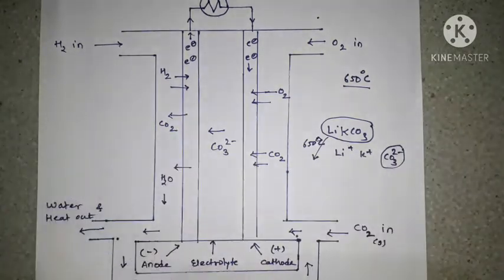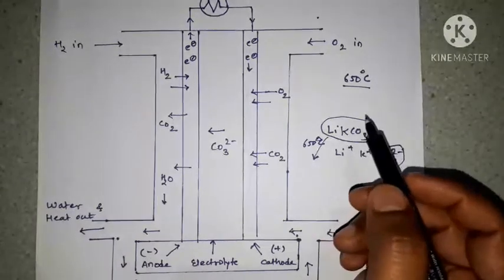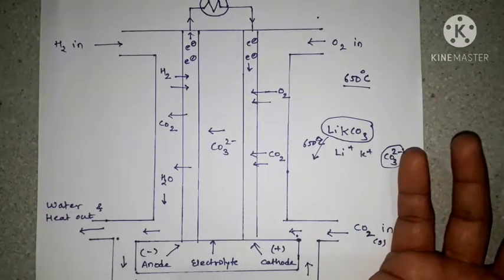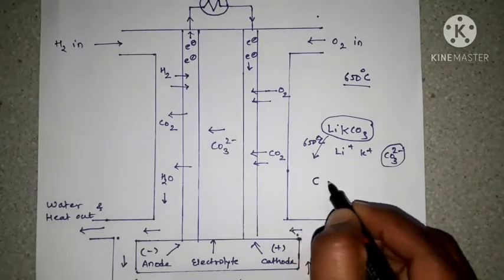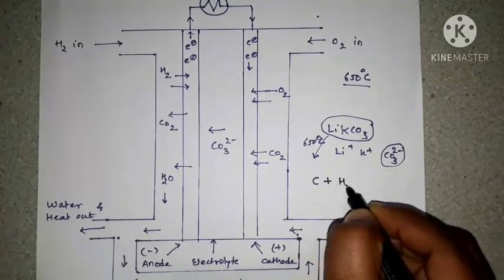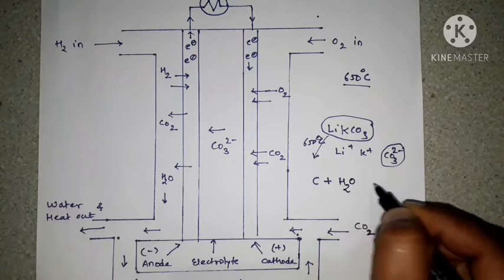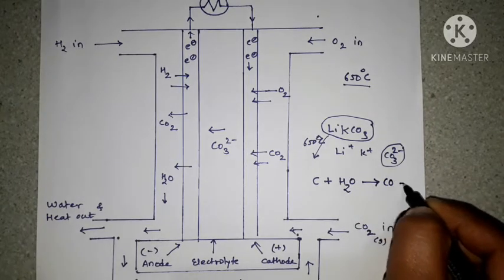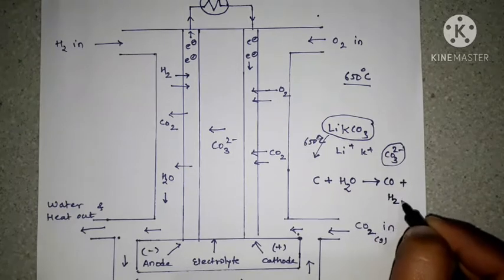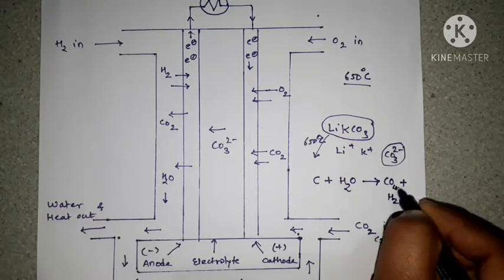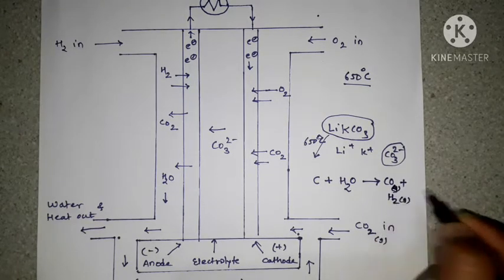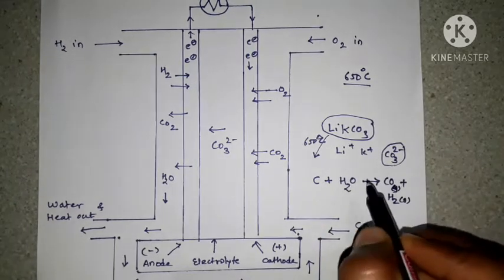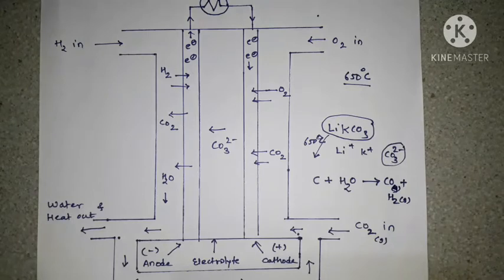Then in the fourth point you can say the fuel H2 gas is produced from coal. That means carbon plus H2O gives carbon monoxide plus H2 gas. Two gases are formed when carbon reacts with water.